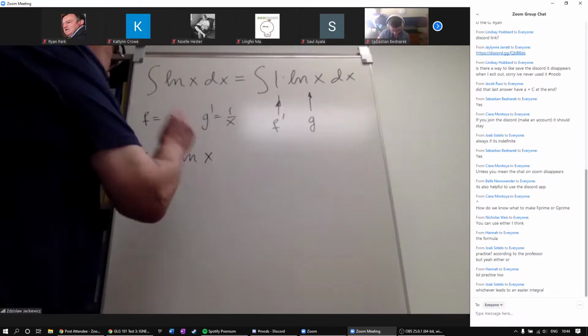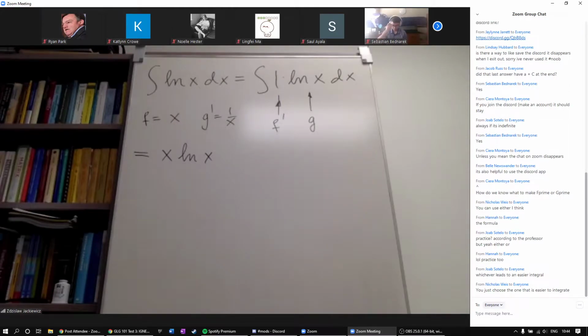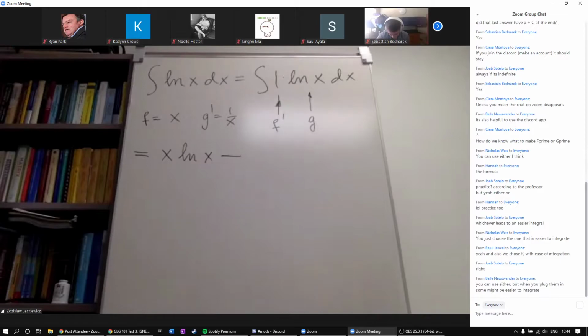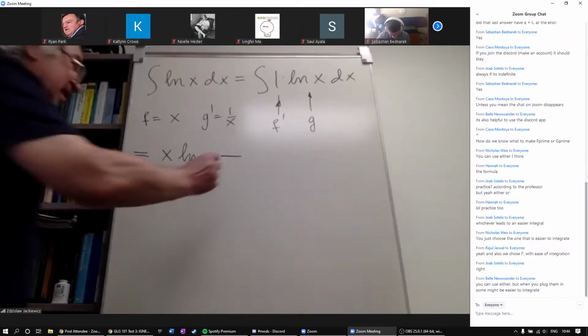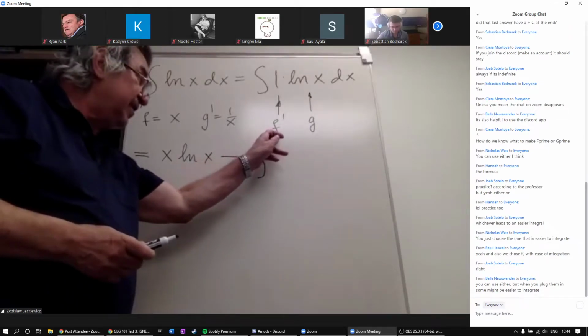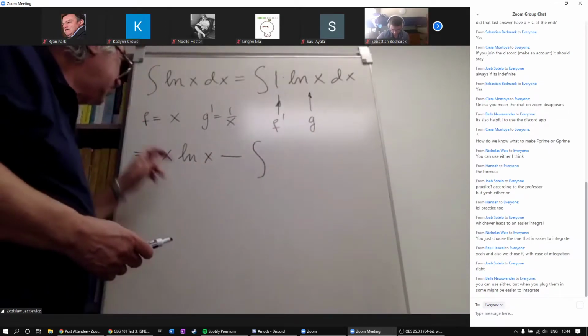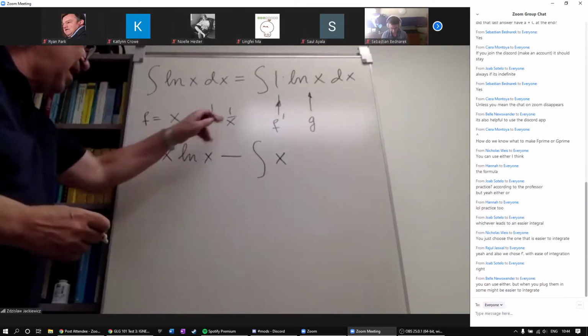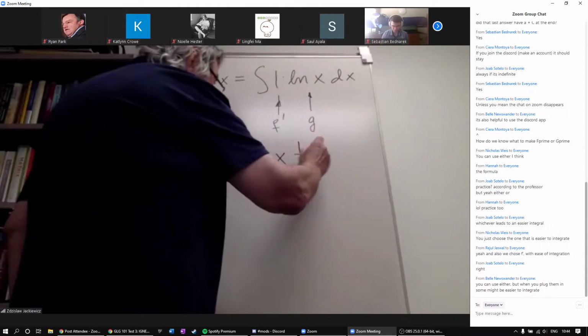So this is fg minus, you remember minus is part of the formula, integral, the other way around, f g prime. Well, f is x, and g prime is 1 over x.